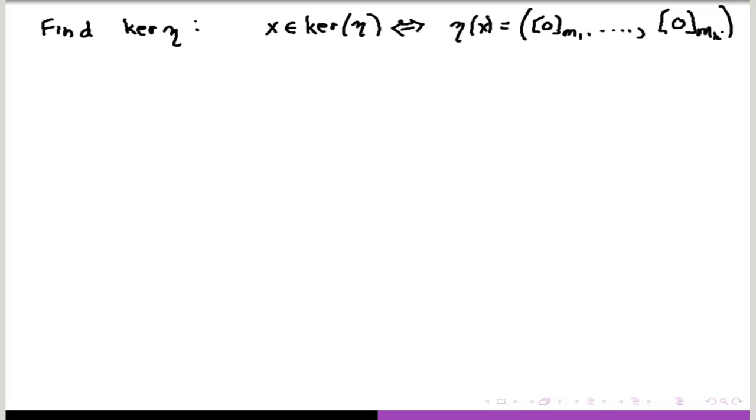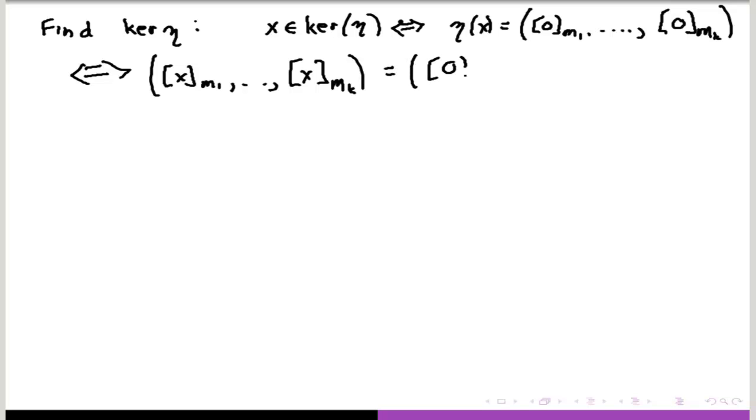Okay, but what is eta of x? Eta of x, by definition, is take the value x mod m1 down to the value of x mod mk, and we'll just set that equal to 0, 0, all the way down the road.